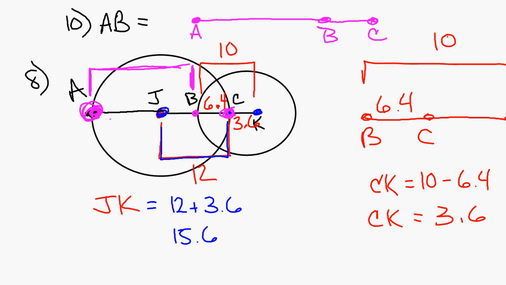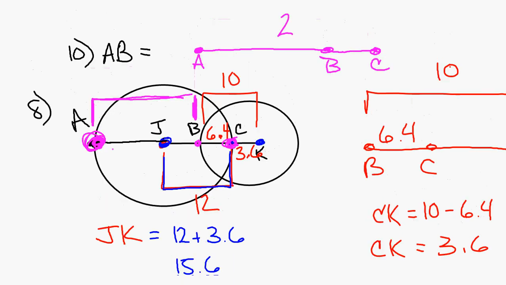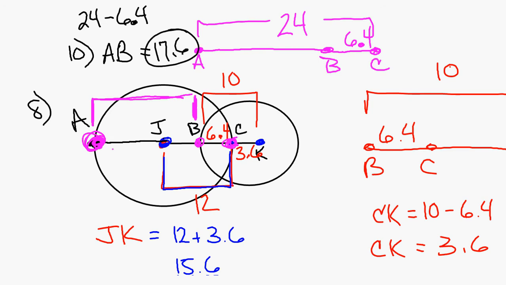How far is it from B to C? That's the 6.4 that you found. The question is, how far is it from A to B? So wouldn't A to B be equal to 24 minus 6.4? Okay, so 24 minus 6.4 in your calculators is 17.6. So that's where A is going to be sitting in that problem. Better? Anybody, any questions?